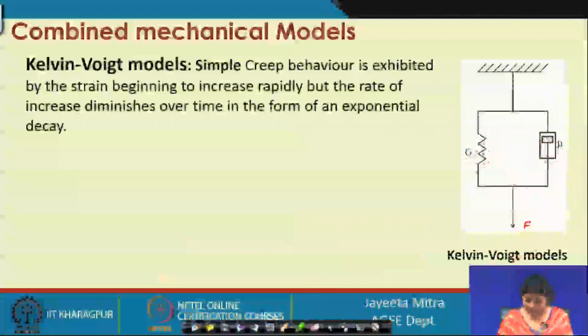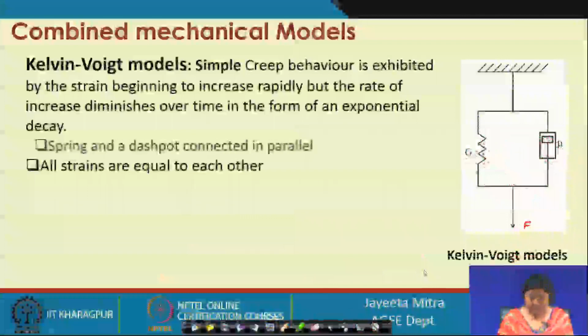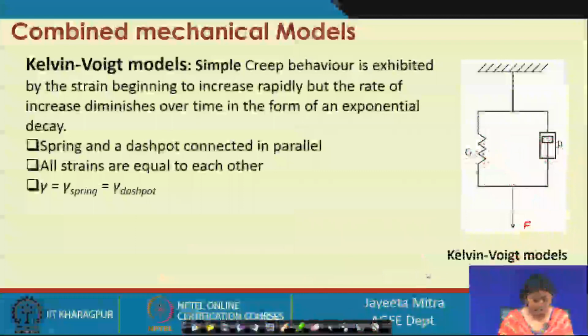Here all strains are equal to each other when they are connected in parallel. So, the total strain will be the strain in the spring, that is equal to the strain in the dashpot, as I said, because of this force F applied on it.